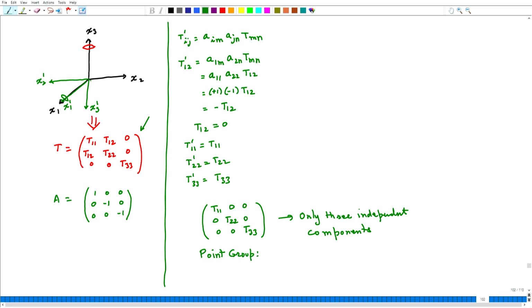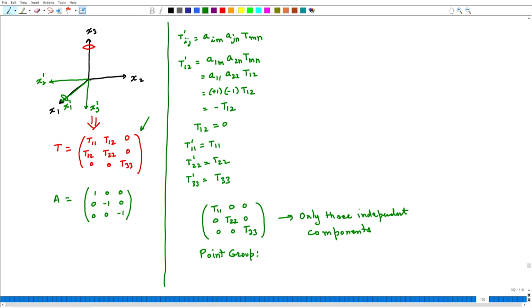Well, I have two-fold axes at 90 degrees to each other. Recall, going back to the crystallography section of this course, when I have two-fold axes at 90 degrees to each other, there would automatically be a third two-fold rotation axis at 90 degrees to both of these two-fold axes, which means that I would also have a third two-fold axis along axis x2.